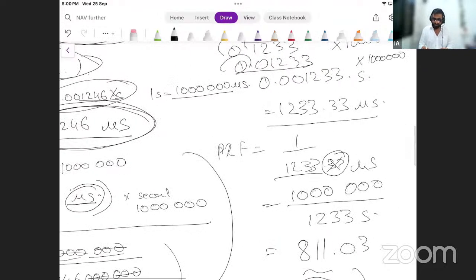Just ensure it has to be converted into seconds. The easiest way is 1 upon whatever value of microsecond, you change it into seconds by 1,000 upon the same value in seconds. Do scientific calculator and you will get your PRF and PPS. All right. So please solve these questions again and see if you can give me correct answers.